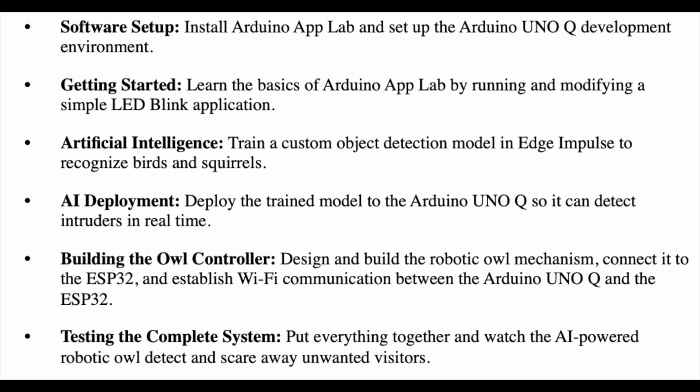Then train a custom object detection model in Edge Impulse to recognize birds and squirrels. Then deploy the trained model to Arduino UNO Q so it can detect the squirrel and the bird in real time.